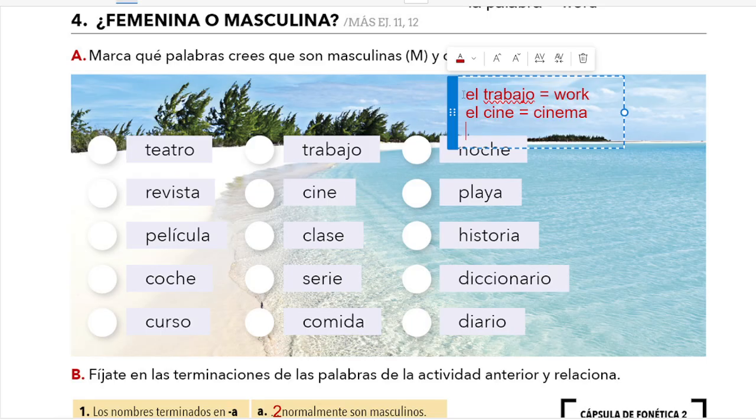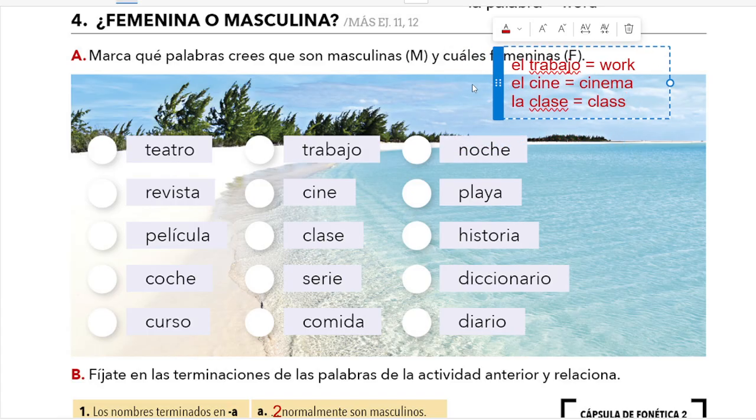Now, here you have to be mindful. La clase is your class. Then we also talked about la serie is series.